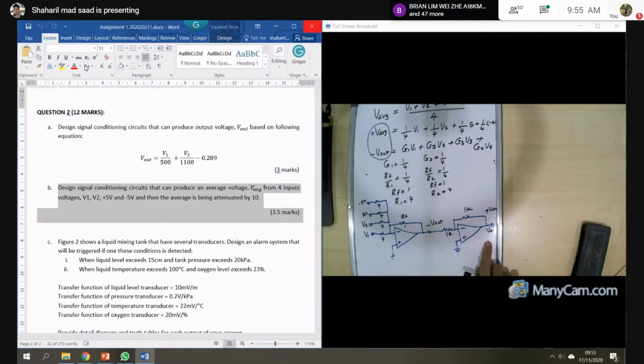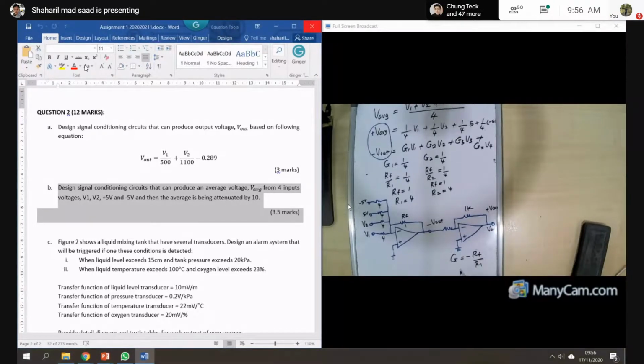So what value are you going to use here? What is the value? The gain here is RF. Maybe we can take minus RF over R1.